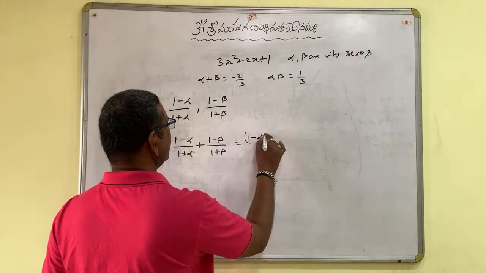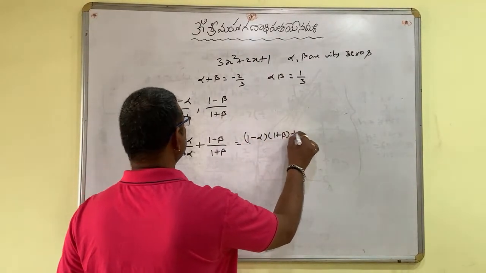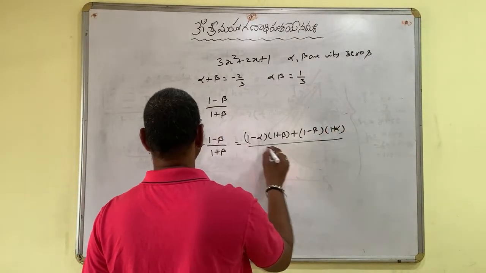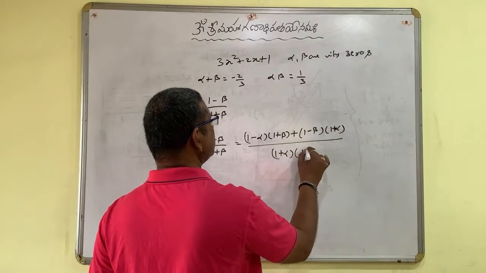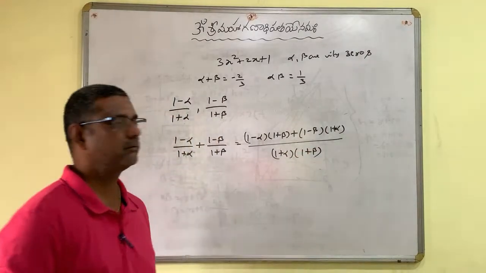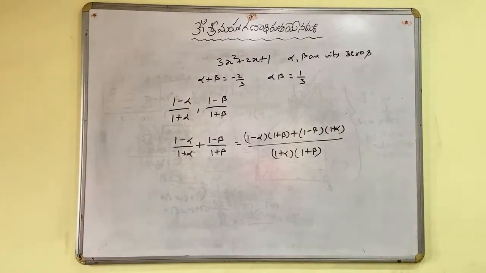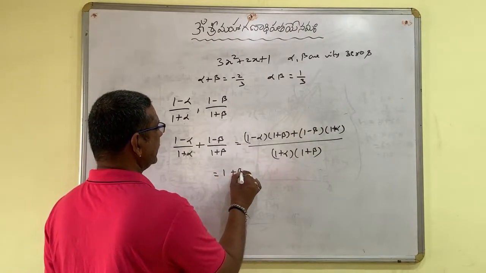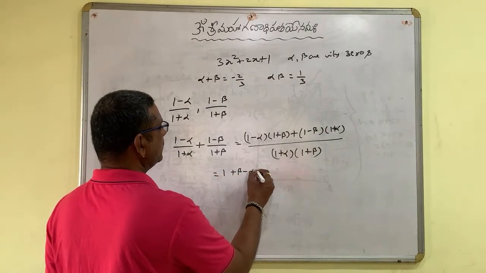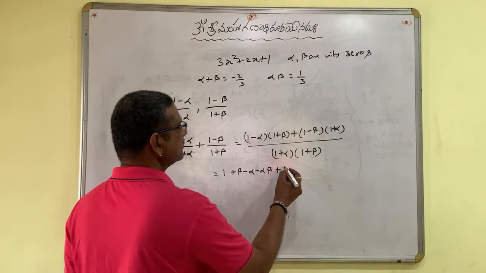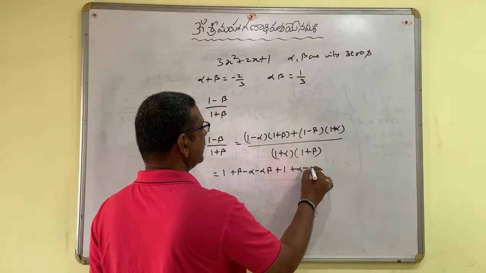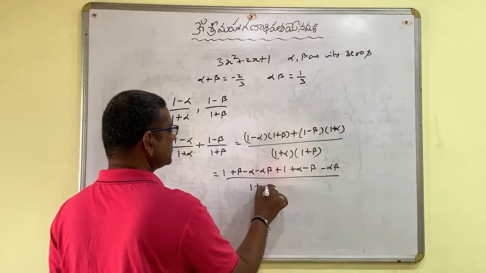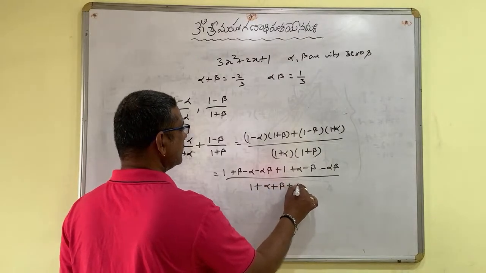1 minus alpha into 1 plus beta plus 1 minus beta into 1 plus alpha by 1 plus alpha into 1 plus beta. Now if you simplify this, you will get 1 plus beta minus alpha beta plus 1 plus alpha minus beta minus alpha beta by 1 plus alpha plus beta plus alpha beta.